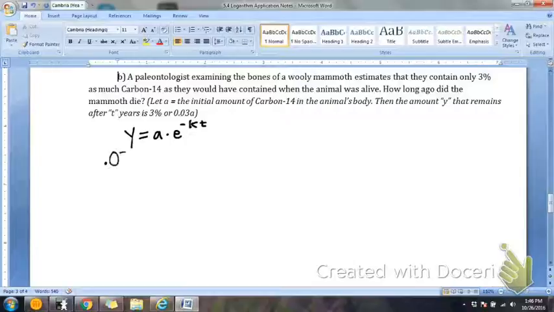So 0.03A. Remember the A on the right side always gets written down. Times e to the, now we know what K is based on the problem we just did up top, right? So we're going to use negative 0.00012. There should be 3 zeros. T. And T is what we're trying to find here.